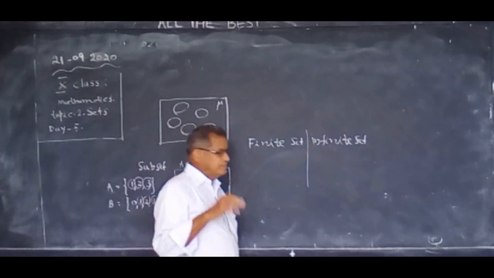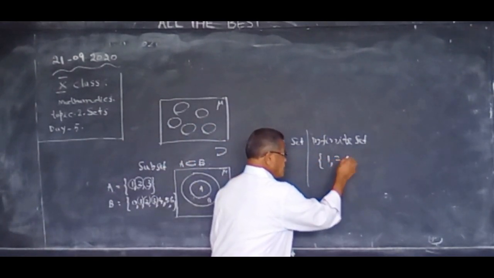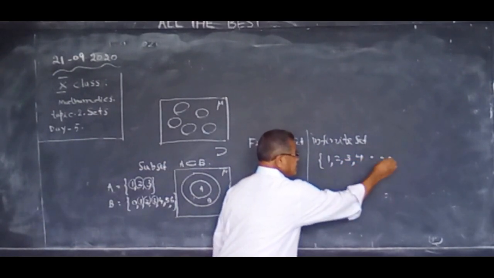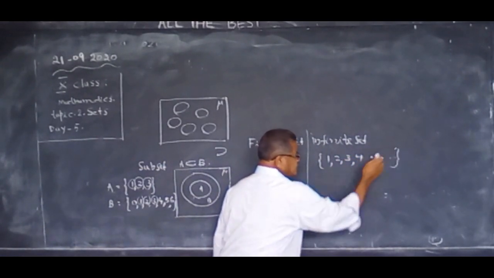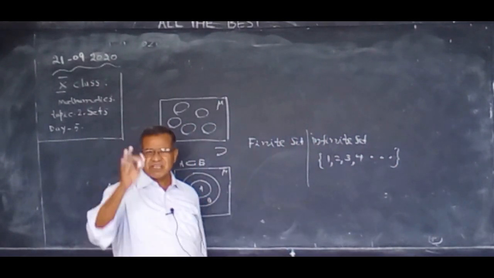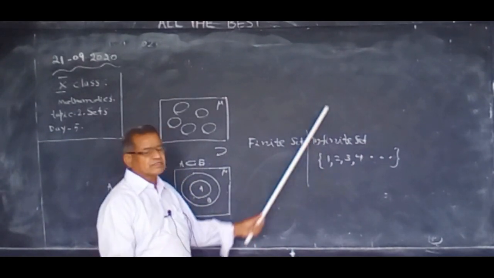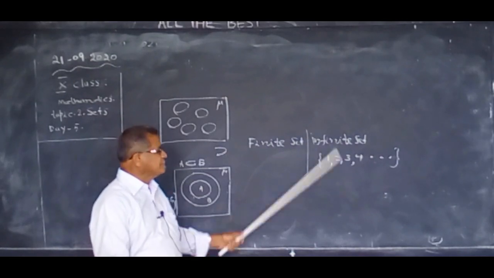There is no end. Example: the set of natural numbers 1, 2, 3, 4 and so on. We express it with three dots, etc. There is no end, we cannot count. Such sets are called infinite sets.